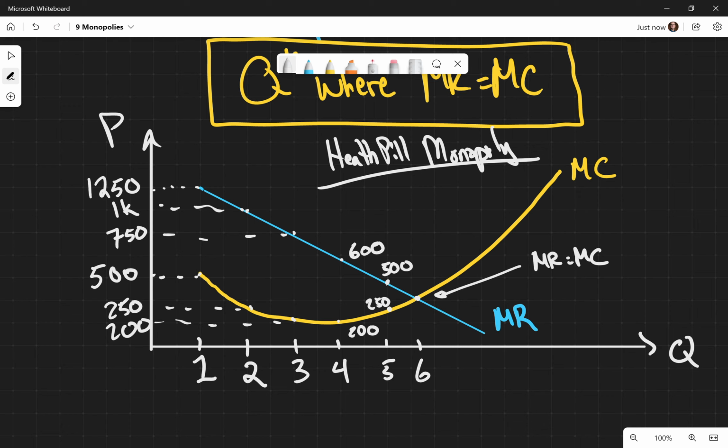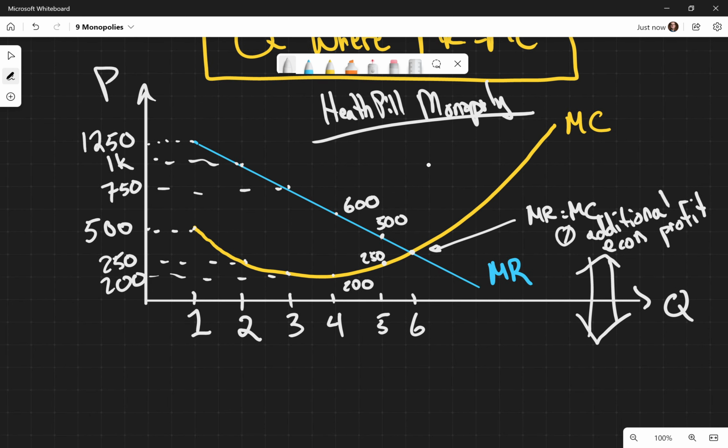Because of accounting. Very good, because accounting profit's different than economic profit. This is saying there's 0 profit margin economic-wise. So this point right here is going to be 0 additional economic profit, and that is the same as saying some positive number of accounting profit.